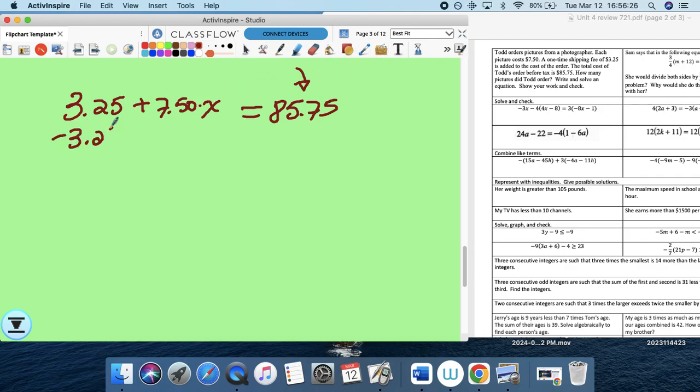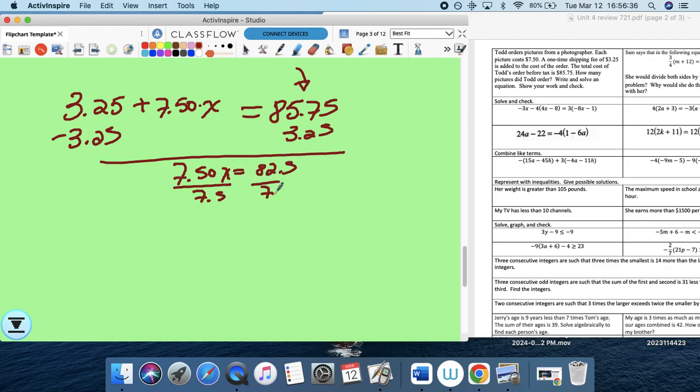Let's subtract 3.25 from both sides. We're going to have 7.50 X equals 82.5. We're going to divide both sides by 7.5. And X equals 82.5 divided by 7.5 equals 11. So how many pictures did he order? 11 pictures.